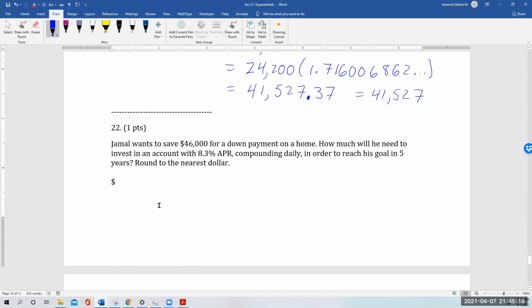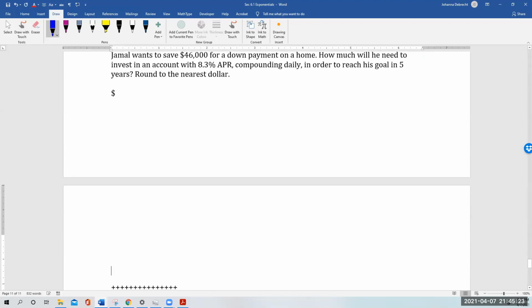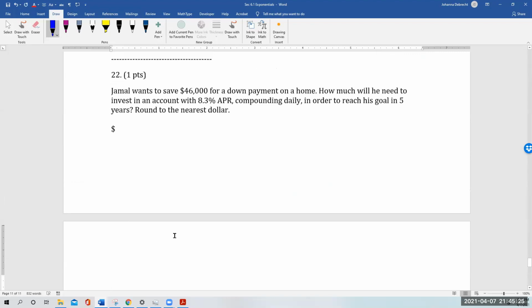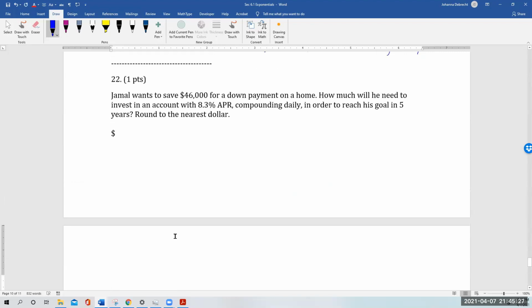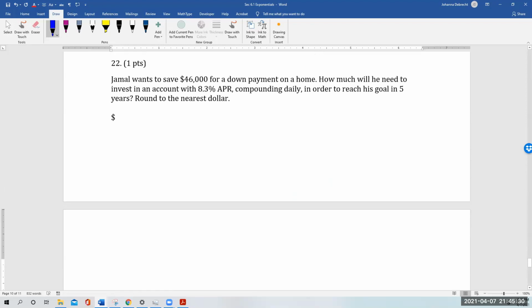In order to do this, we know that he wants to end up with $46,000. That is not what he is going to invest. That's what he wants to end up with. So our amount that we want to accumulate later, that's the $46,000. What we don't know is how much money he has to invest.